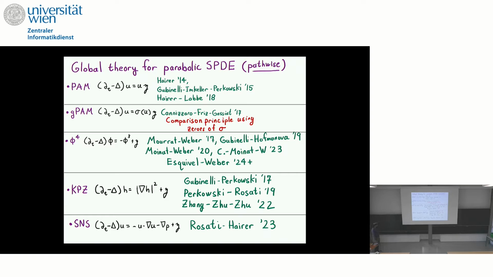There is a kind of soft argument by Giuseppe, Peter, and Paul, using a comparison principle argument, constructing sub-solutions and super-solutions using zeros of sigma. So there has been some past work on global theory for gPAM, but our work here is more direct.